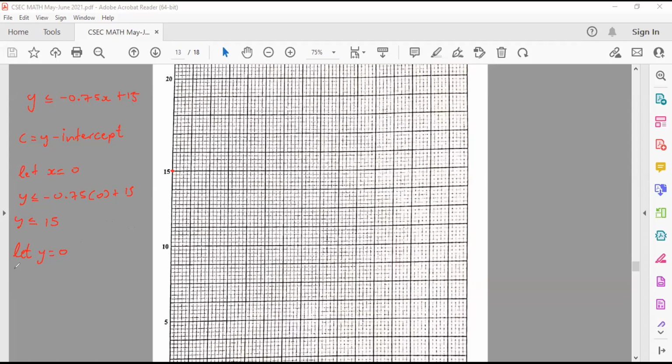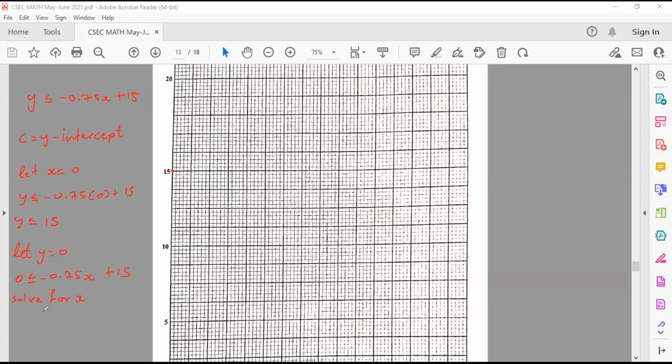Then 0 is less than or equal to negative 0.75x plus 15, and then we solve for x.